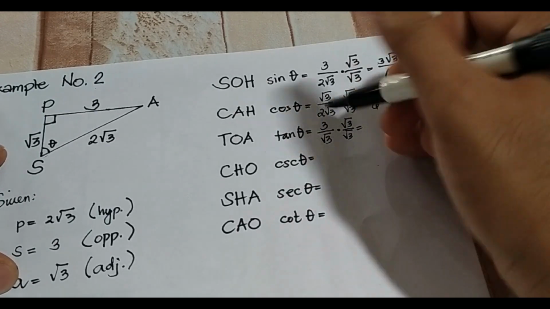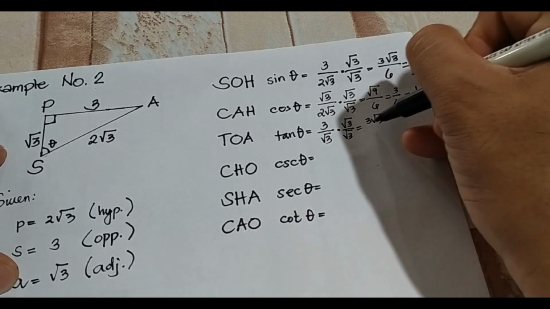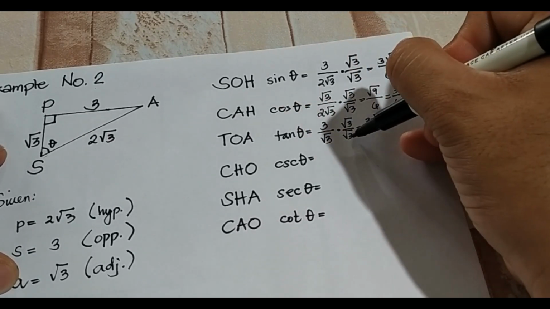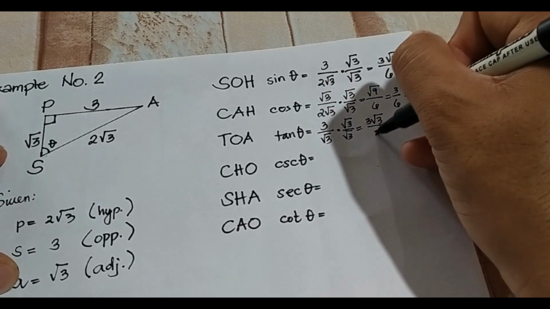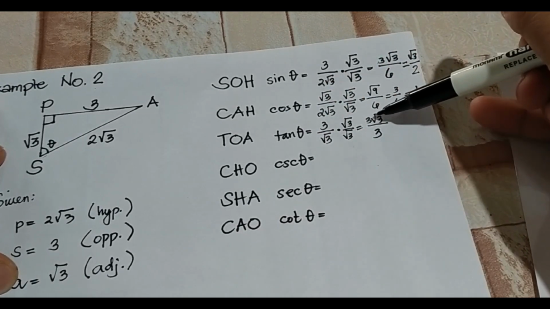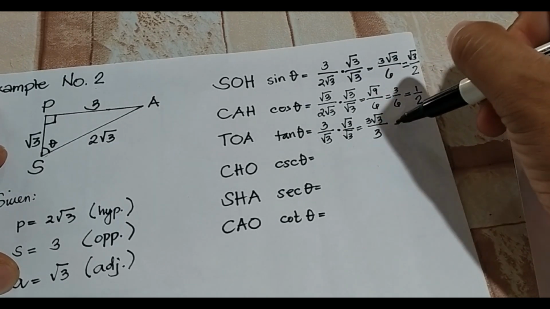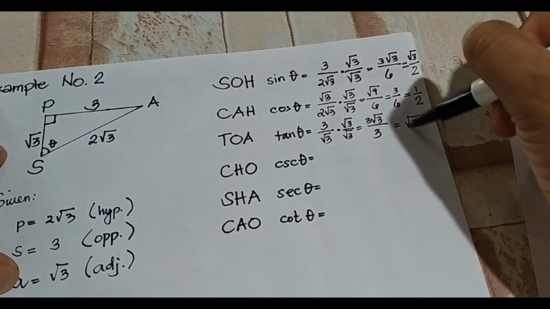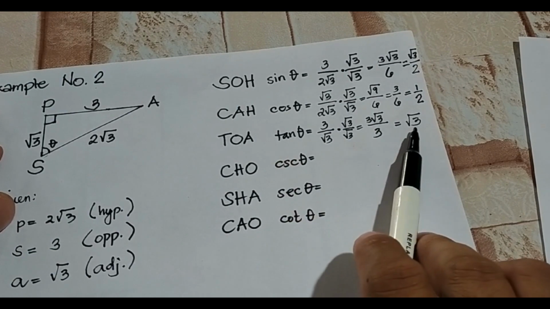So therefore, you would have 3 times square root of 3, that is 3 square root of 3, all over 3 times 3, that's 9. Square root of 9 will give us 3. As you can see, 3 square root of 3 divided by 3, meaning 3 divided by 3 will give us 1. So what is left is only square root of 3. So right here, tangent theta is equal to square root of 3.